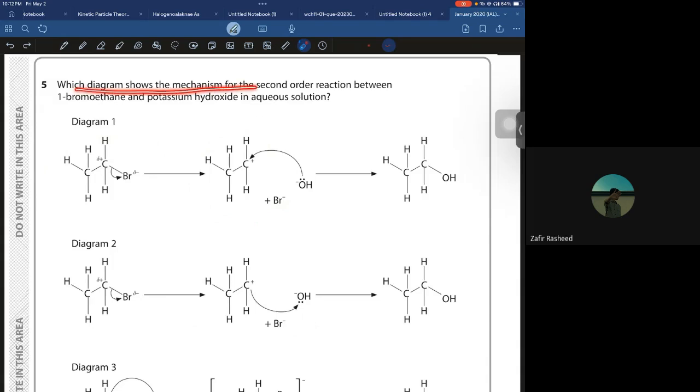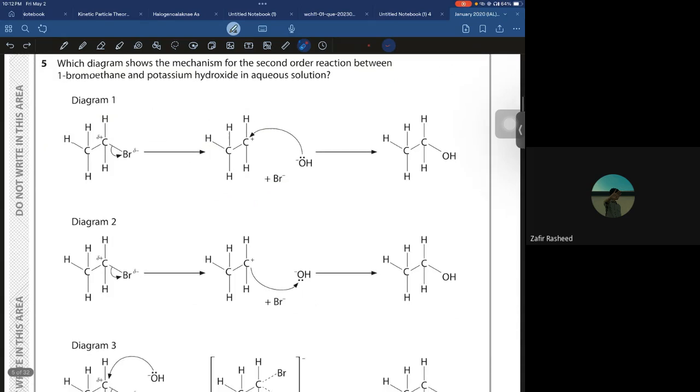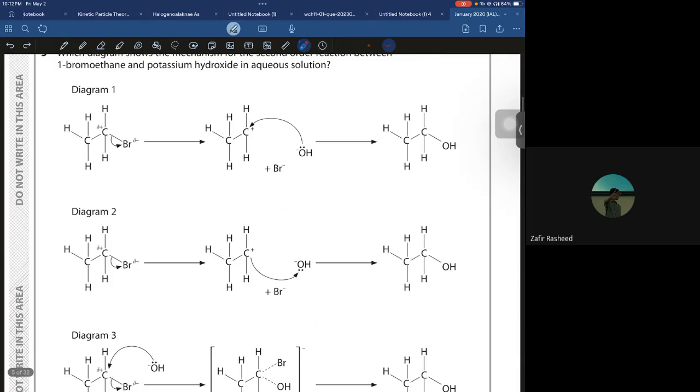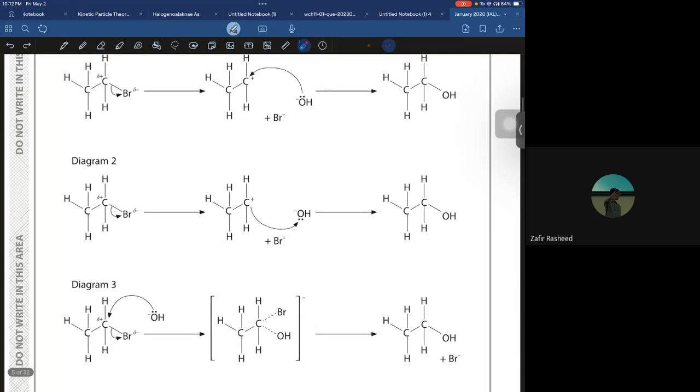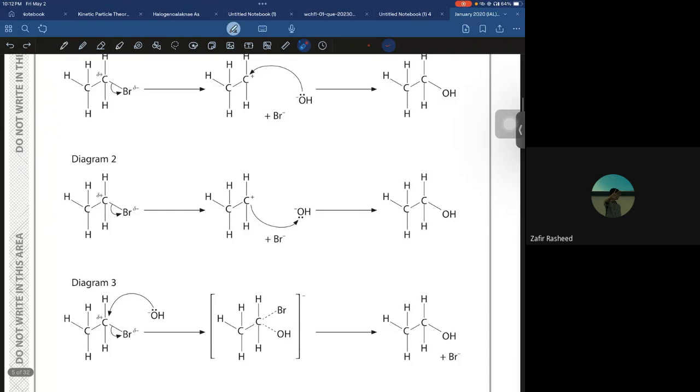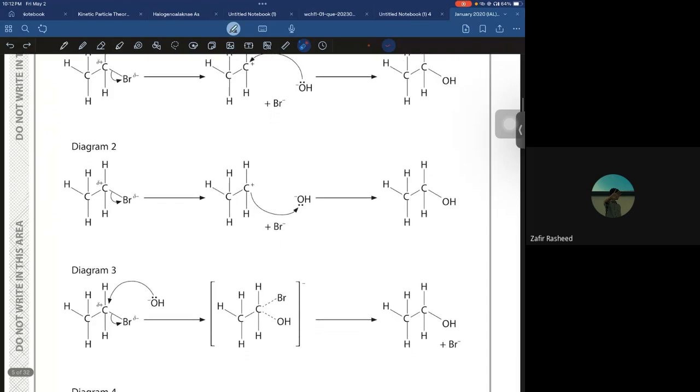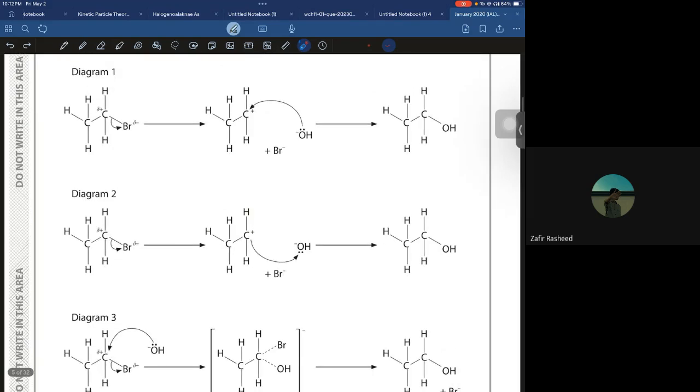Which diagram shows the mechanism for the second order reaction between 1-bromoethane and potassium hydroxide? Then what about diagram 2? This arrow is incorrect. Always the negative species is going to attack. Remember, this is fixed.